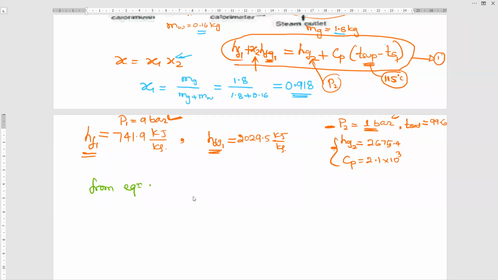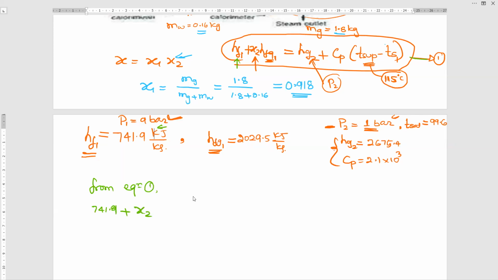In this equation HF1 is 741.9, and keep in mind, dear students, it is in kilojoule. So either convert kilojoule to joule, or else ensure that all units are in kilojoule. No issues there. 741.9 plus, I am maintaining all units in kilo.